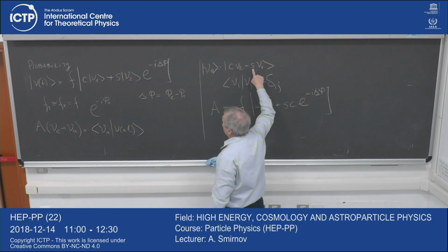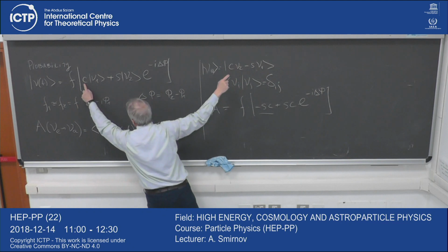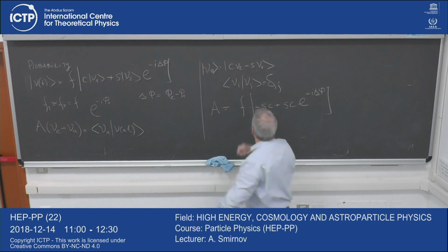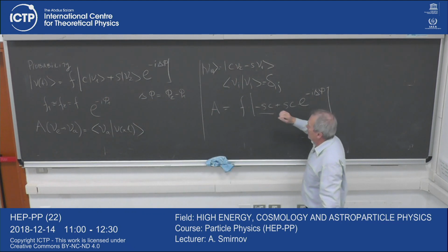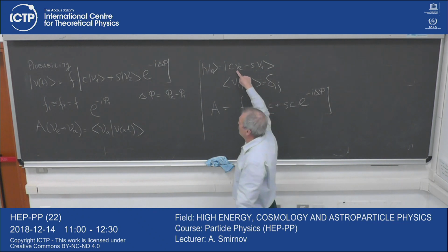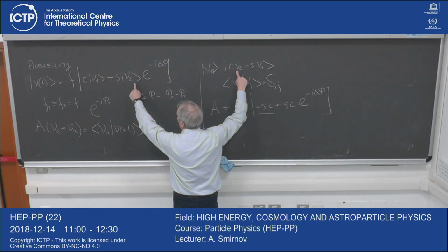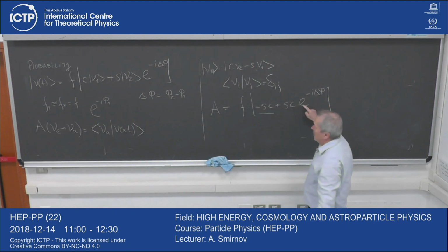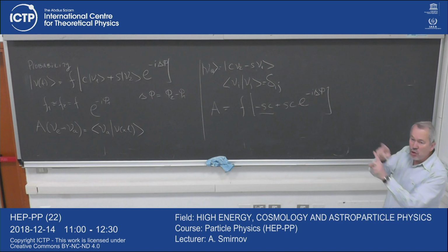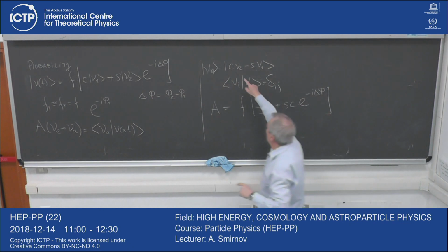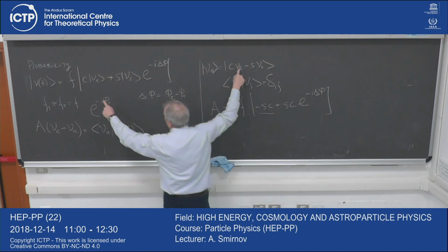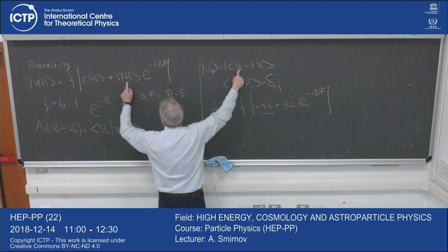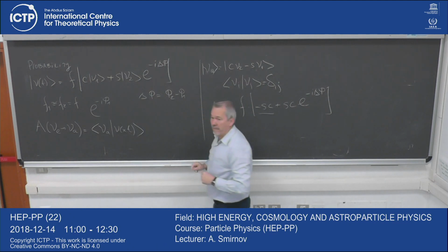And that will give me S minus S and cosine. So this is the first term. The second one is when I multiply this nu 2 onto this nu 2. And then I will get here again sine, cosine, and then phase factor. And there are no cross terms here because nu 2 here multiplied by nu 1 here gives 0, and this multiplied by this gives me 0.